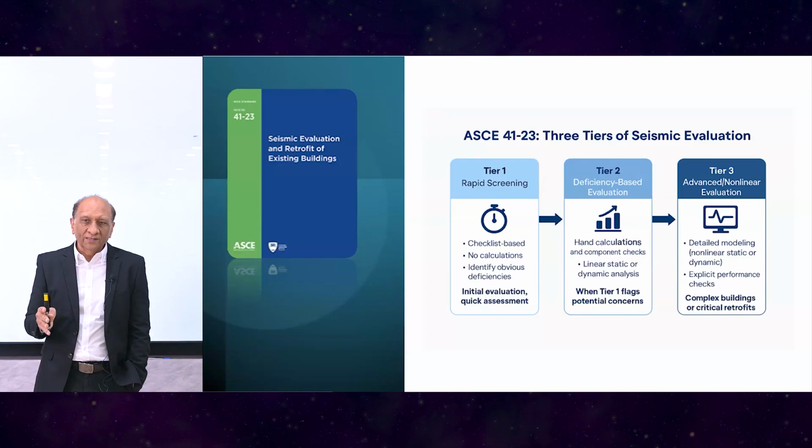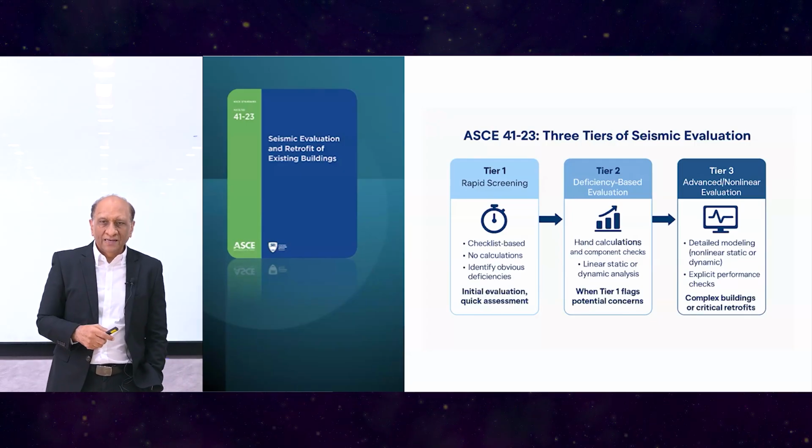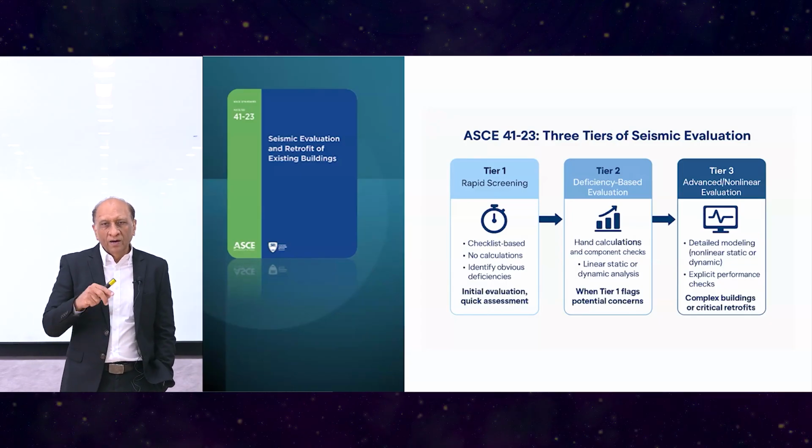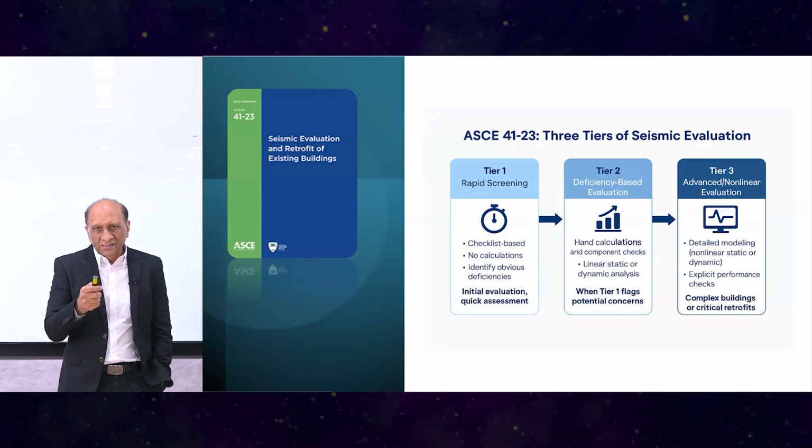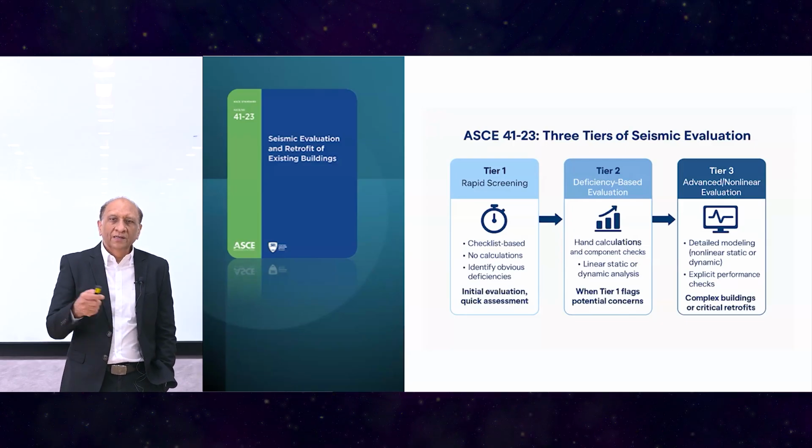But if the structure is important and we need a detailed investigation, then we go to the advanced analysis using nonlinear analysis. And that's what we are talking about here today, mostly. So this 3-tiered approach is what ASCE 41 recommends.